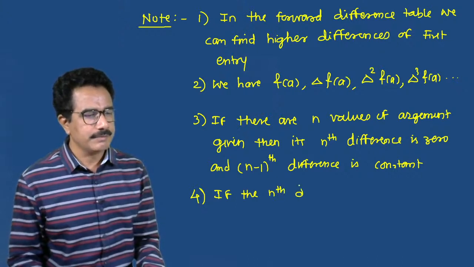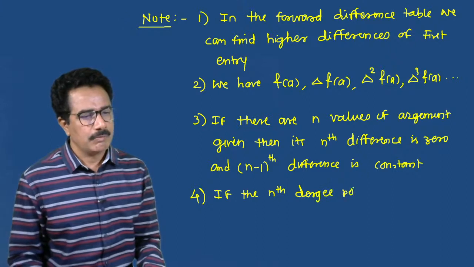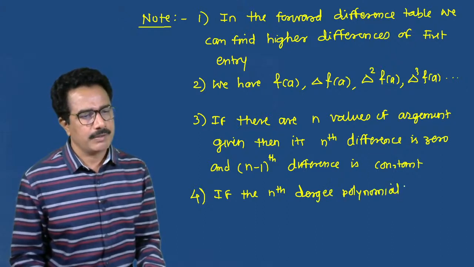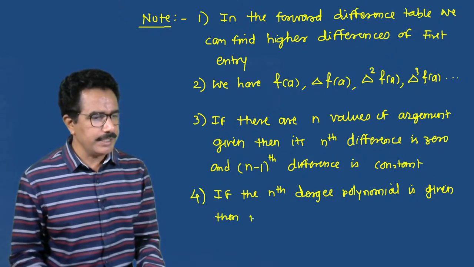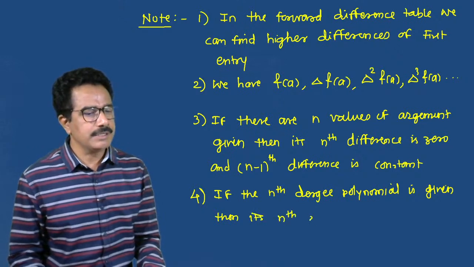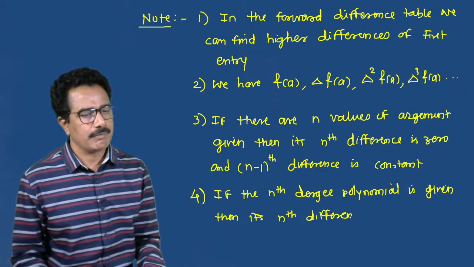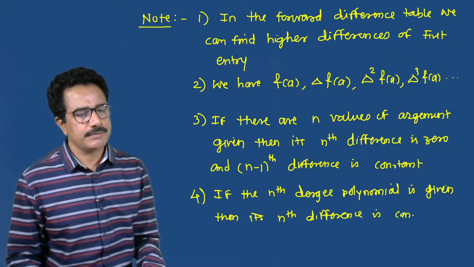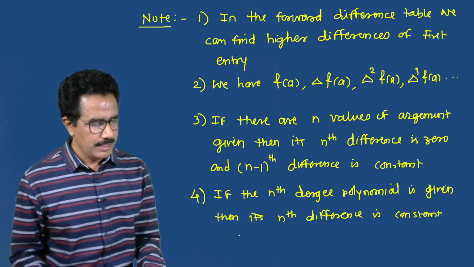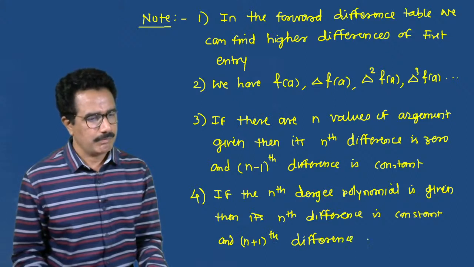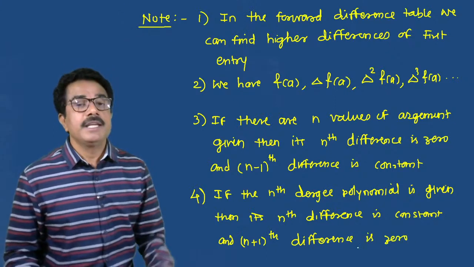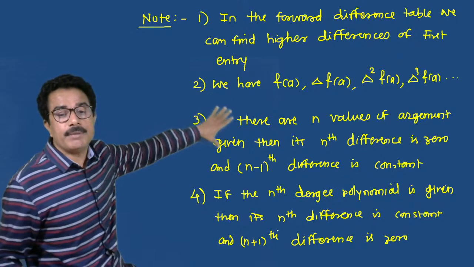If nth degree polynomial is given, then its nth difference is constant and n plus 1th difference is 0. हे एक नोट nth डिग्री पॉलिनॉमियल साठी, हे टेबल वर नाही.